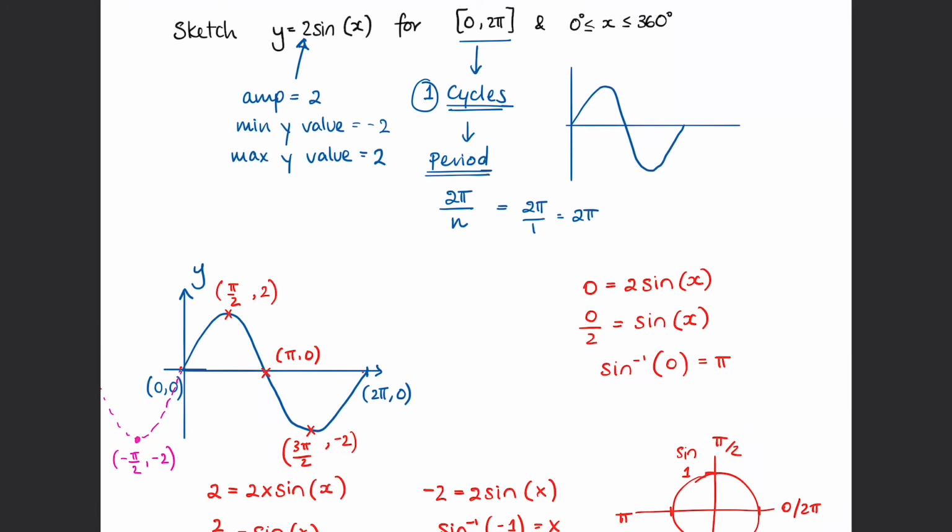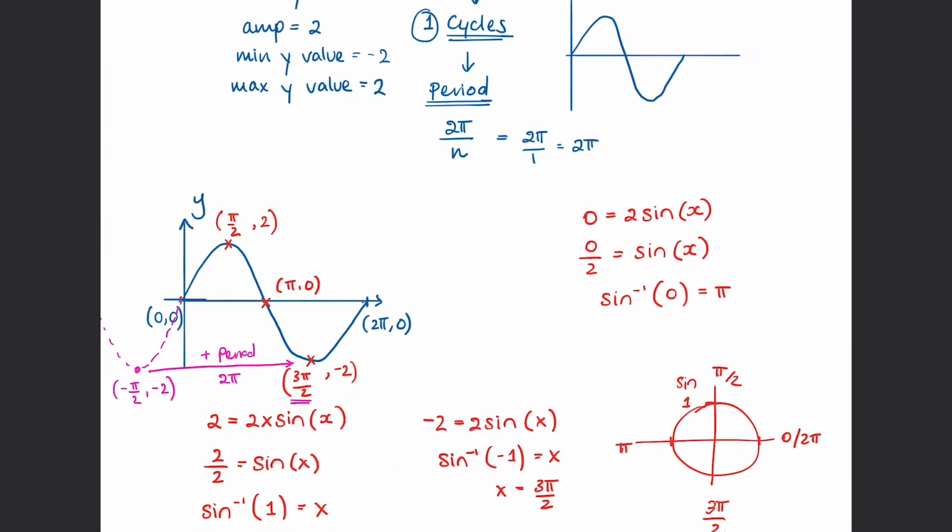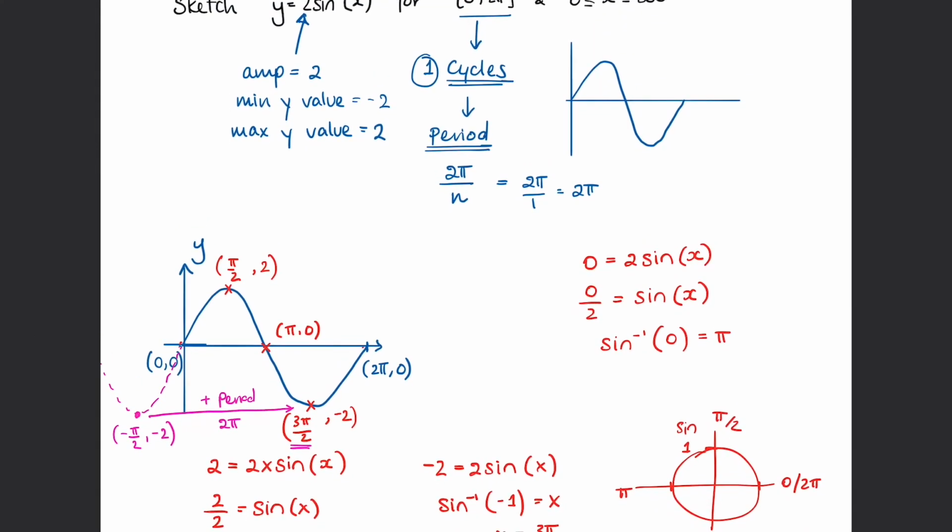This is why I've drawn it in a dotted pink line. All we have to do is add a period. In this case, our period was 2 pi, and that'll get us to this value here, which is 3 pi divided by 2. However, if you are asked to sketch it and I've specifically given you a domain of 0 to 2 pi, please make sure you don't actually sketch what I've done in pink, because otherwise your graph will be incorrect.